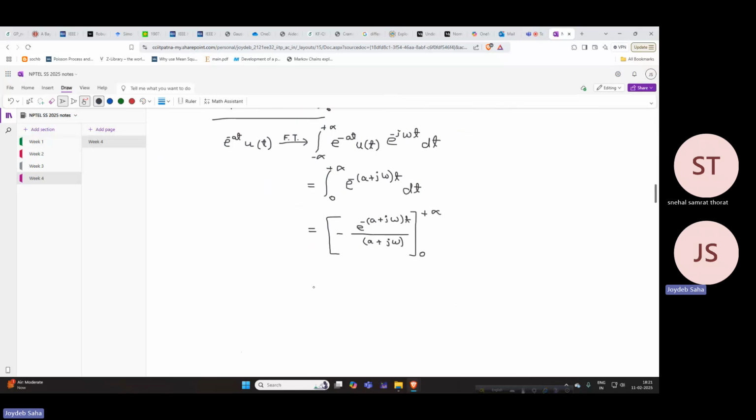Okay, so we will get minus 1 upon (a plus j omega) into (0 minus 1).